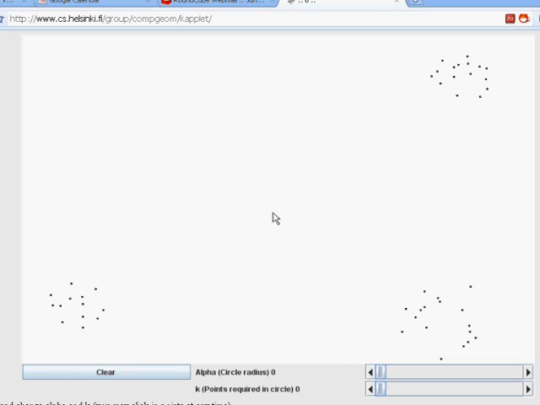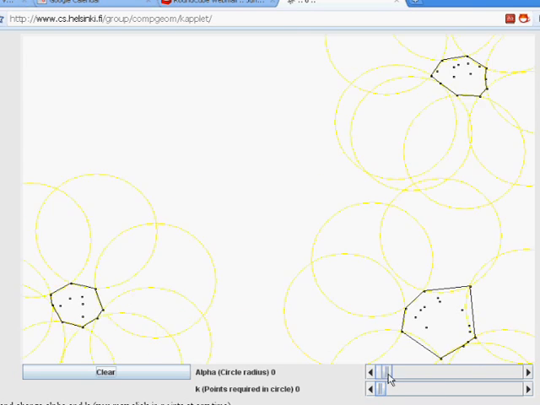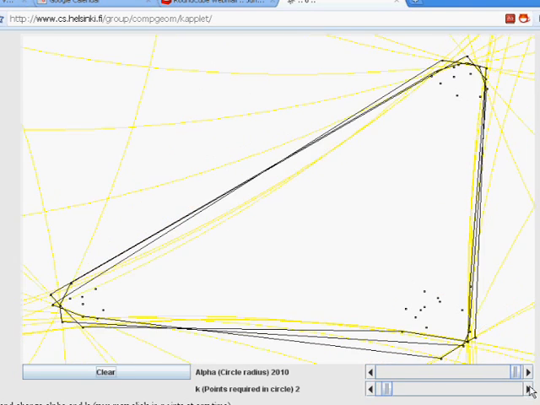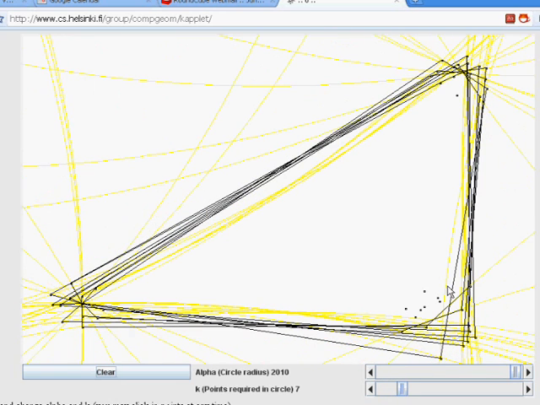Our next example justifies the potential usefulness of k-order alpha shapes in statistical data depth analysis. Suppose that this set S represents samples from some distribution. Here are the k-hulls of S for different values of k.